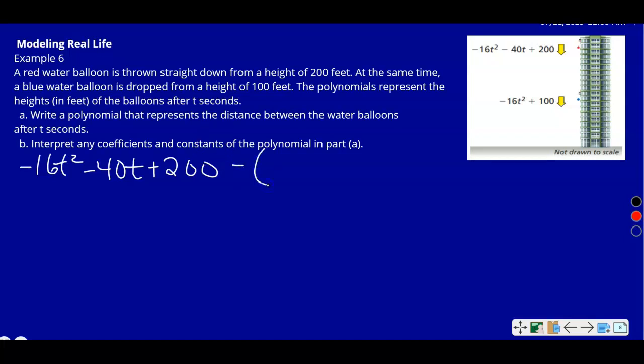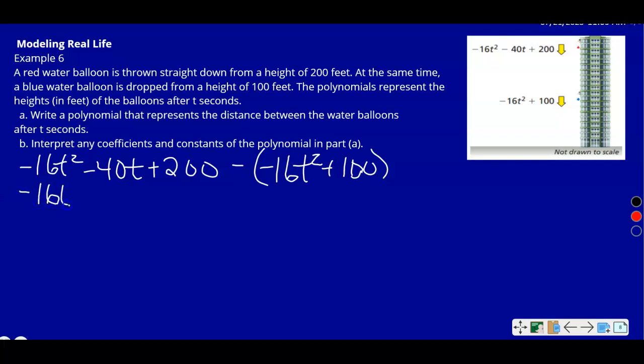When you subtract, remember you have to subtract the whole expression, negative 16t squared plus 100. Again, we need to distribute that negative sign to everything in the parentheses.